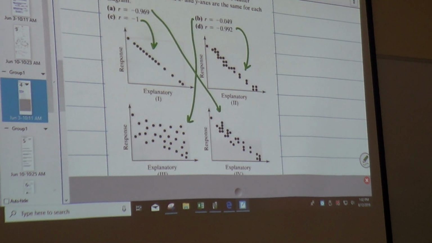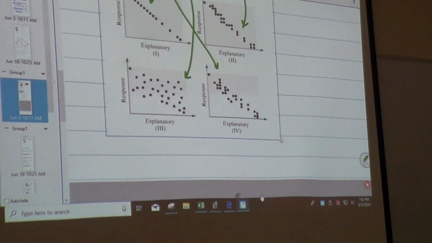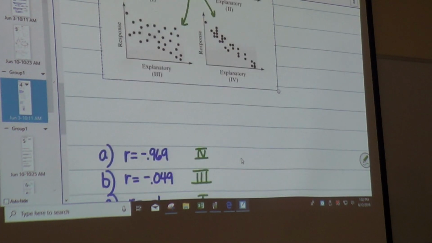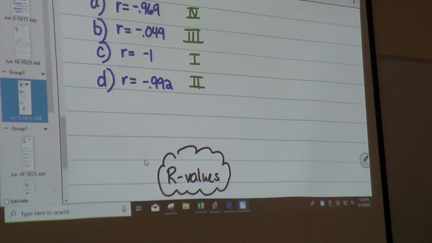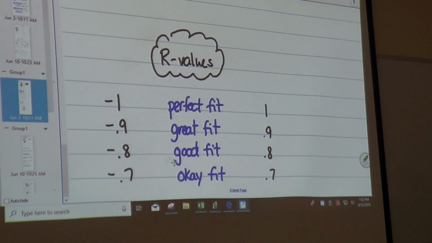Y'all with me? And then I have my answers down there. Cool? All right. And this is telling you that a perfect fit is gonna be that 1, a great fit, good fit, and then the lower you get, the worse it's gonna be.